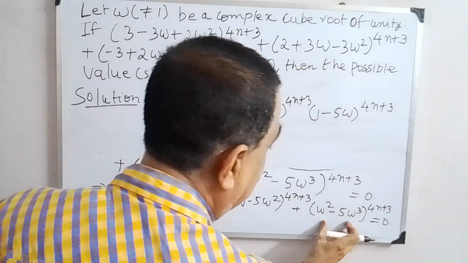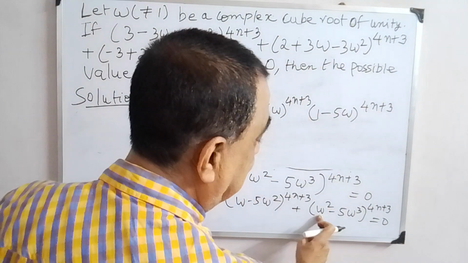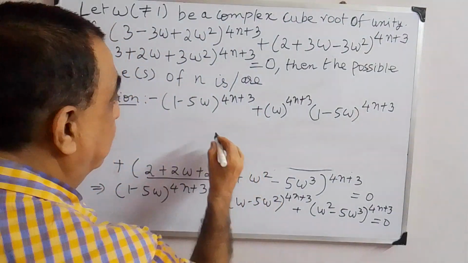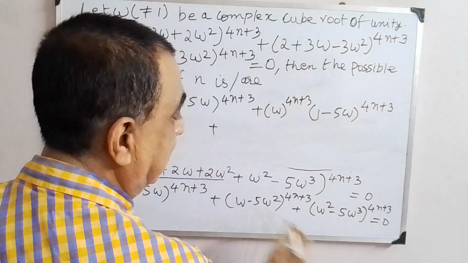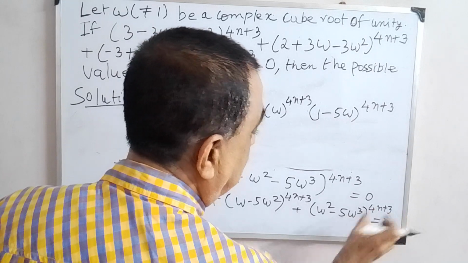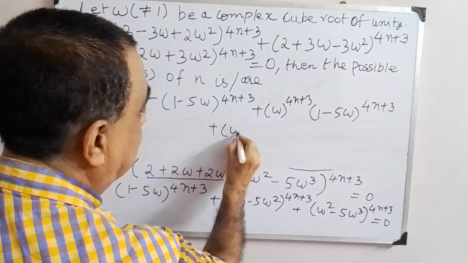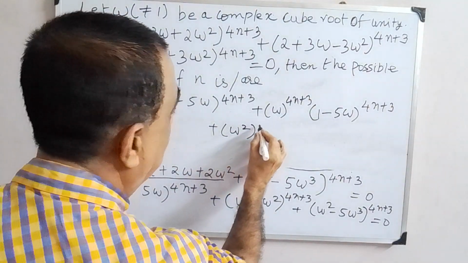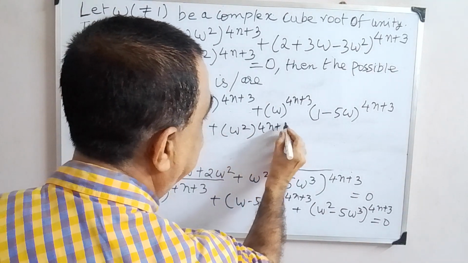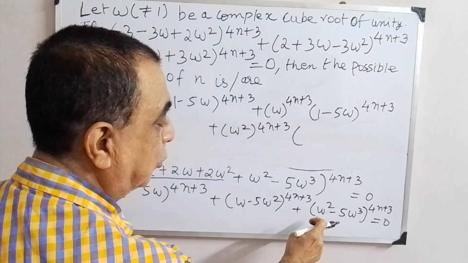And from here I am taking omega squared out. There is omega squared and here it is omega cube. So from here I am taking omega squared out common. That will be omega squared whole raised to the power 4n plus 3, and inside the bracket what will I have after taking omega squared out?